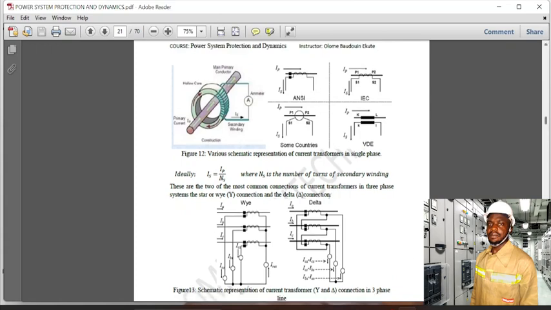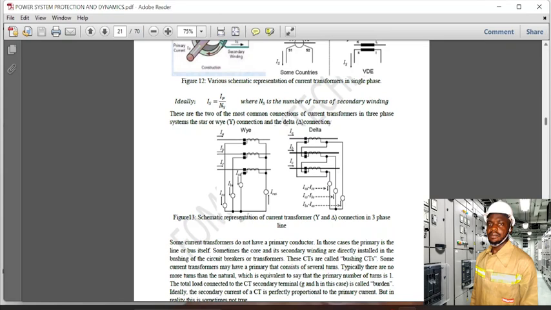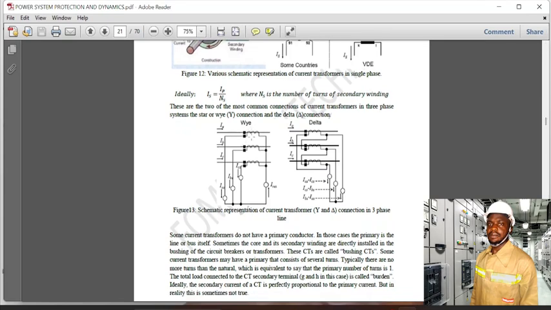So here now we represent the three phase current transformer. You know the three phase line has three phases. So you have three windings of three current transformers, and they are interconnected either in star or in delta. So this forms a three phase current transformer. So you have the star connection.